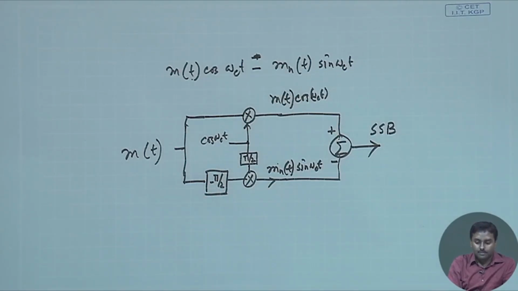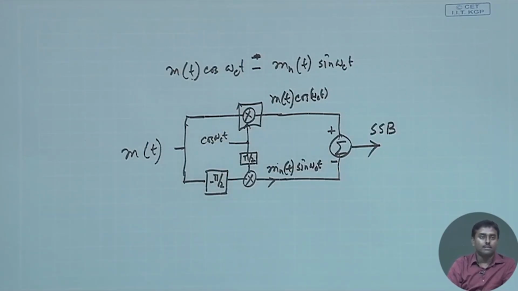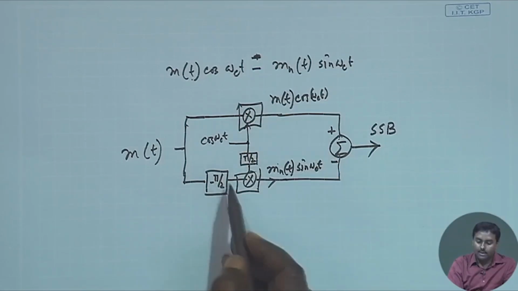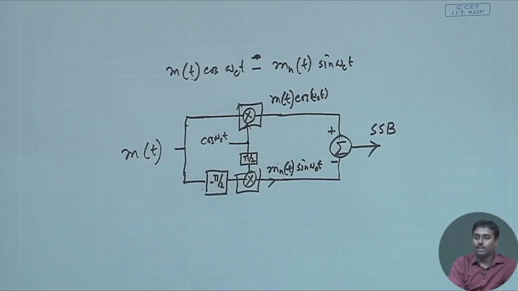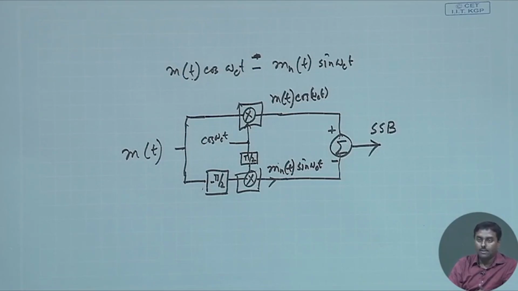Multiplication is nothing but a DSB-SC modulator. So these two are DSB-SC modulators, and you only have one pi by 2 phase shifter, which is the Hilbert transformer, and another adder is required, that is all.